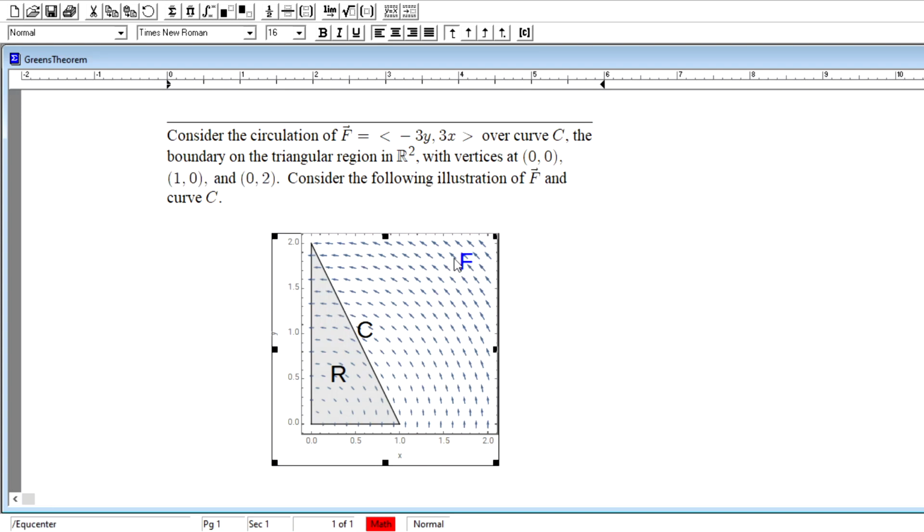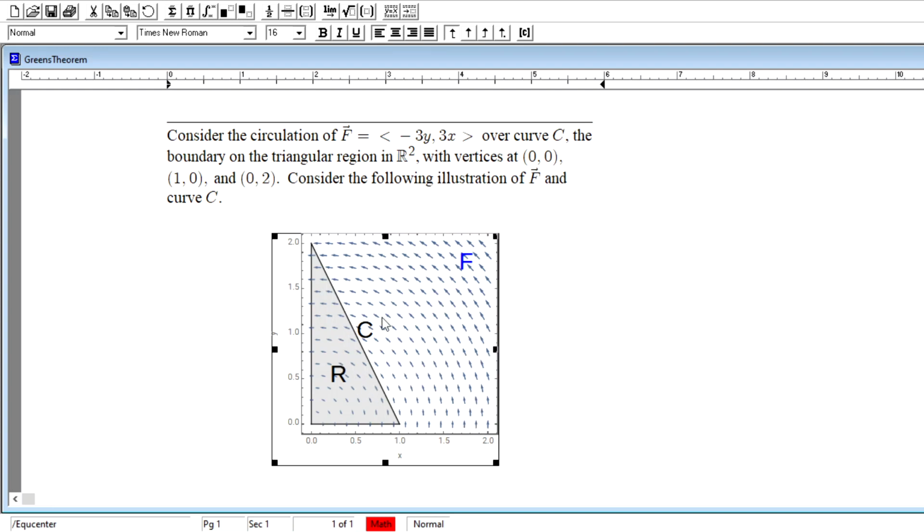Vector field F occurs both over this region R that is bounded by this curve C, C being the simple closed curve defining this triangular region of space in 2 dimensions.